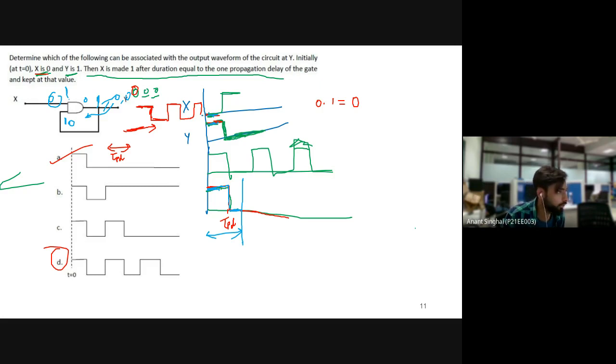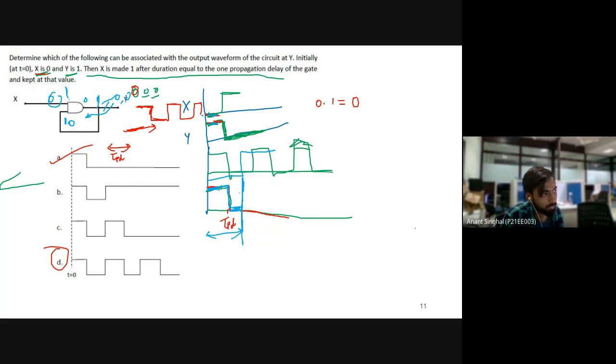Okay, I cannot link. So this propagation delay, I'm saying, is maybe here. This propagation delay means this x is getting 1 after this point. Before this, x was completely 0, and after this, x has become 1. But the thing is, before that, y had already become 0. Did you get it now?